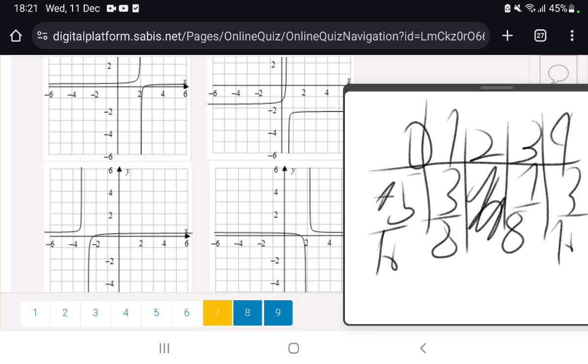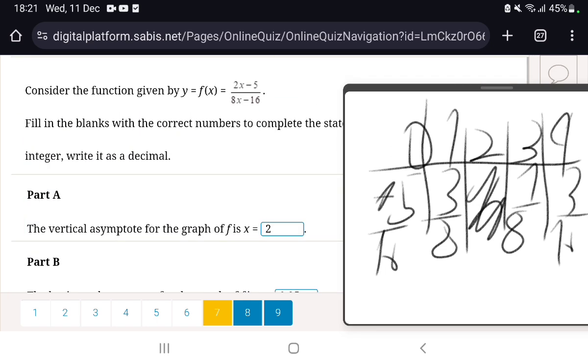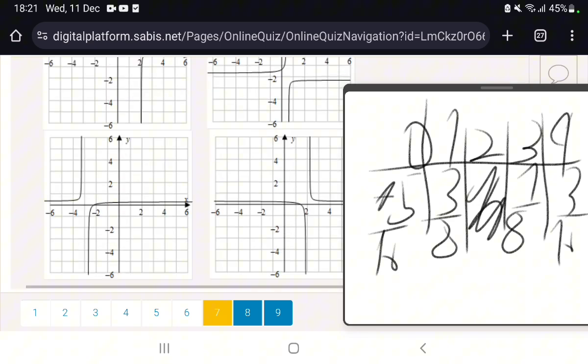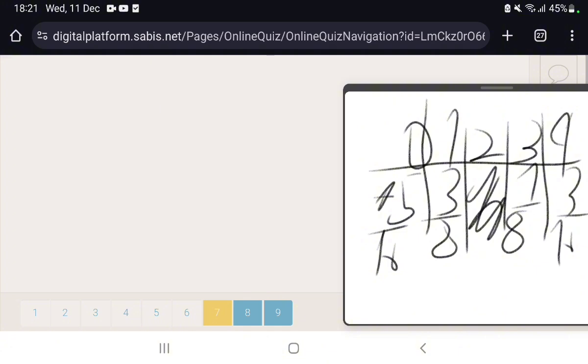Wait, what? How are they all? Wait, let me redo the calculations. Yeah, it's meant to be this one.